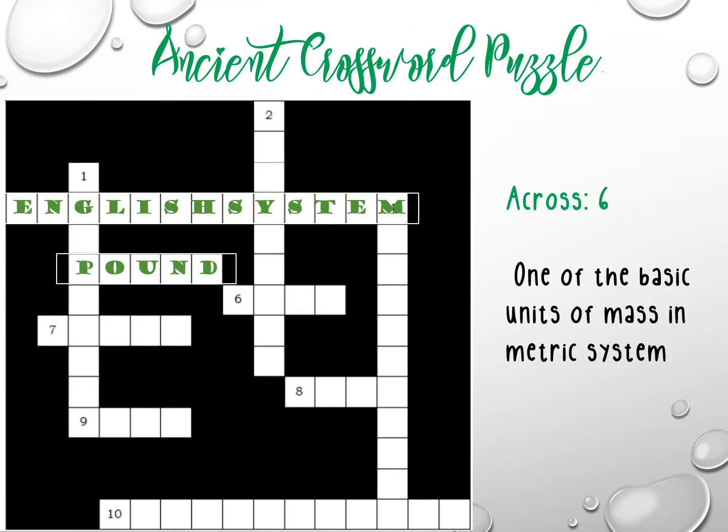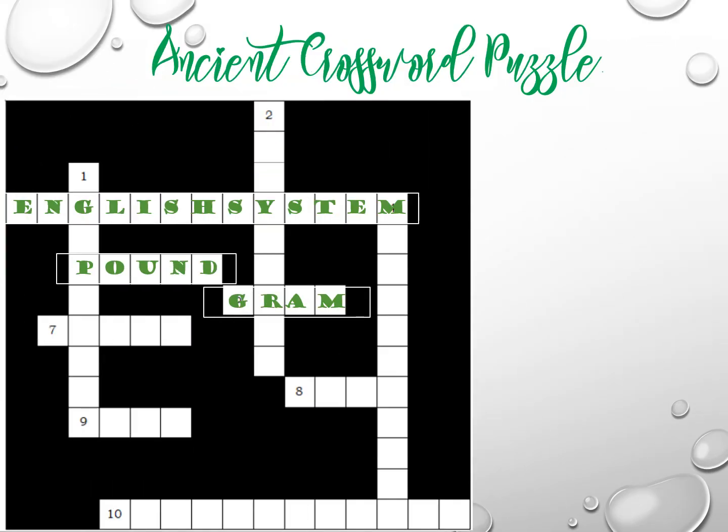Next one. Across 6. One of the basic units of mass in metric system. Yes, the answer is gram. 4 letters, gram. Next one, across 7. It is the width of one finger.